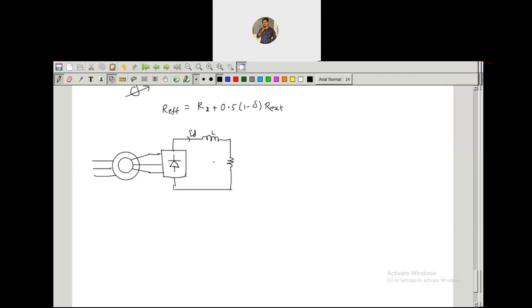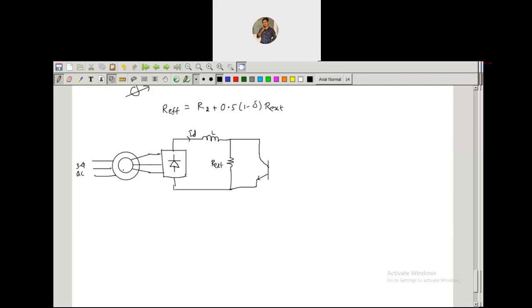Here we are going to use a power semiconductor switch as a chopper. Now how are we going to control this three-phase induction motor by closed loop? We need a sensor between the output and the input.